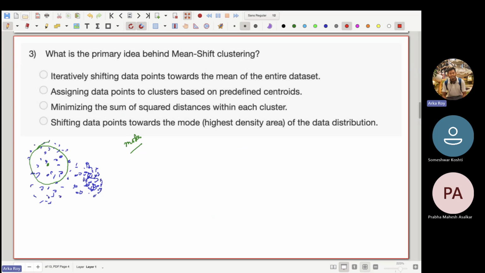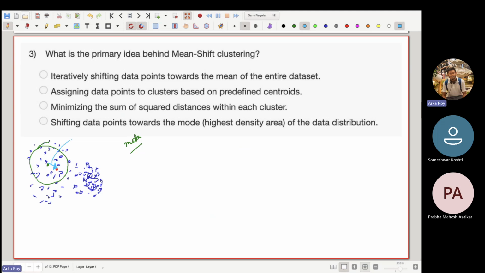Let us consider this is where the mode lies. Now what the mean shift clustering algorithm will do is effectively shift the mean or the center of the window to this particular mode of the distribution.